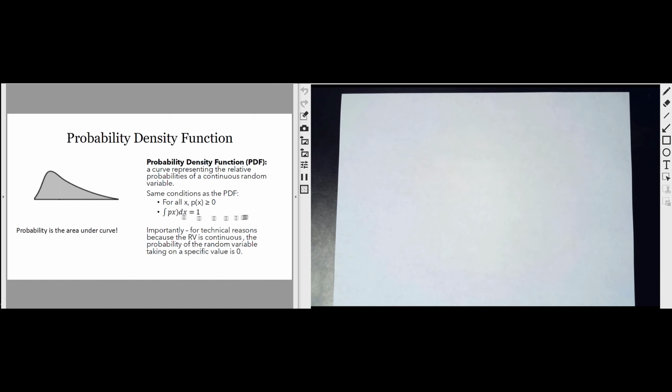So we don't have a probability mass function for a continuous variable. What we have instead is something called a probability density function, often abbreviated as a PDF. Here is, on the left side here, an example of a probability density function.